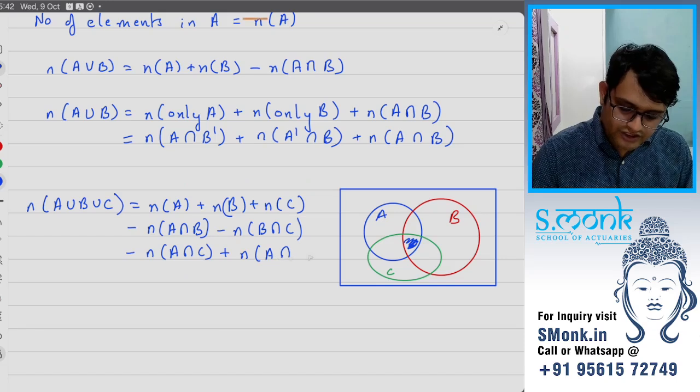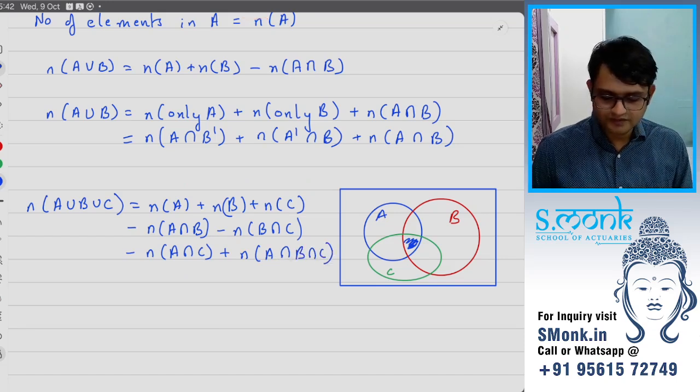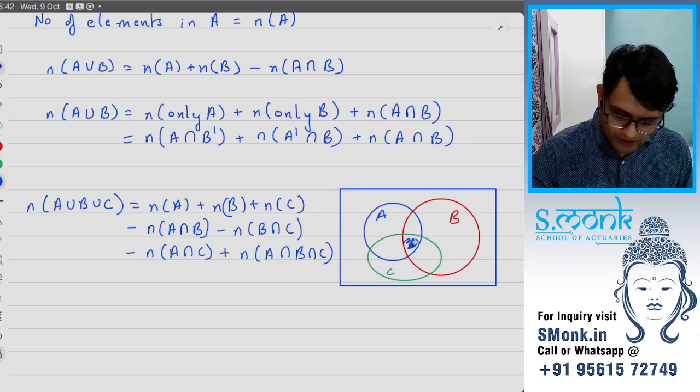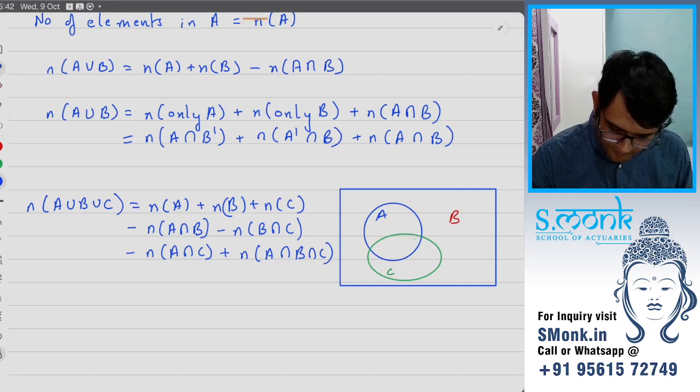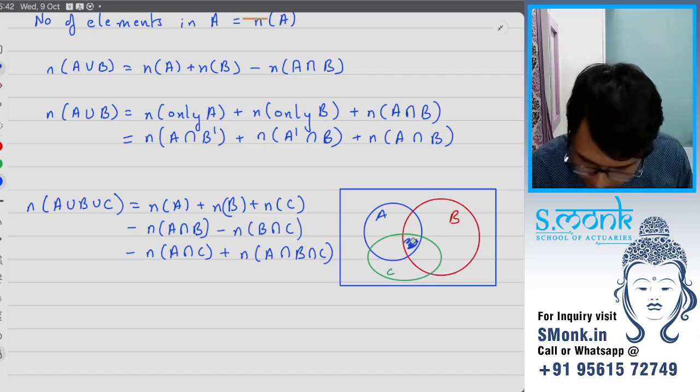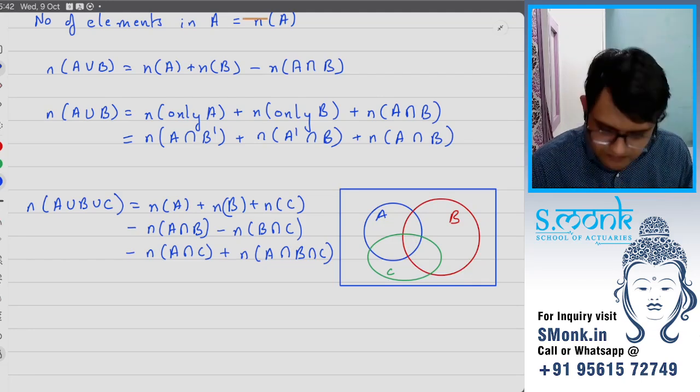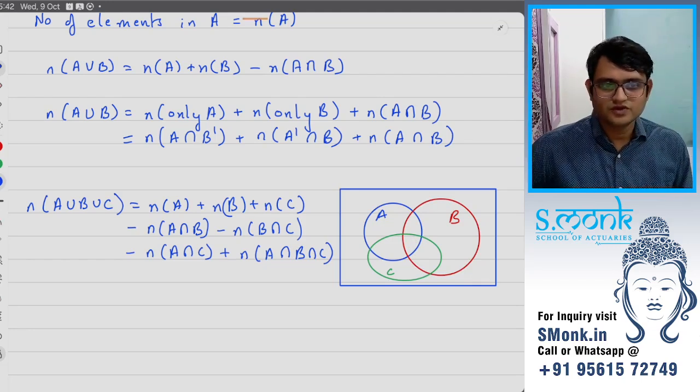A intersection B intersection C. This is how we make the 3 set union formula.